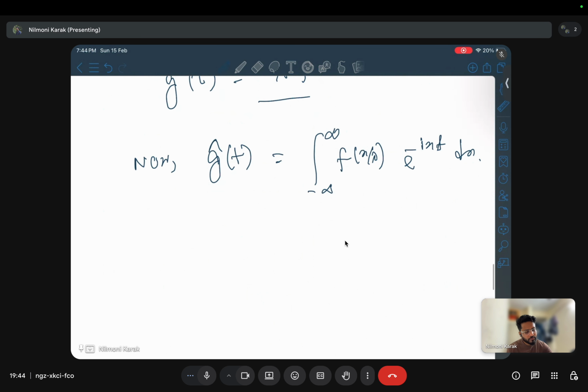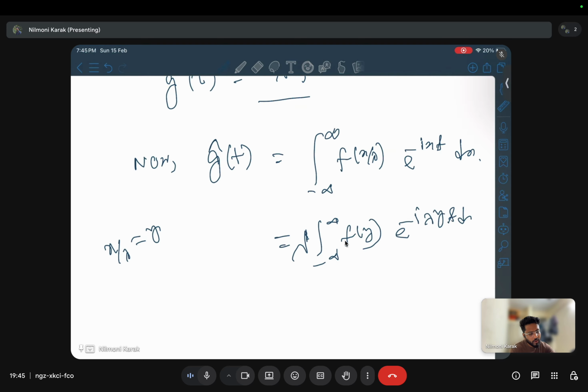Similarly, let x by lambda equal y, so x is lambda y and dx is lambda times dy.